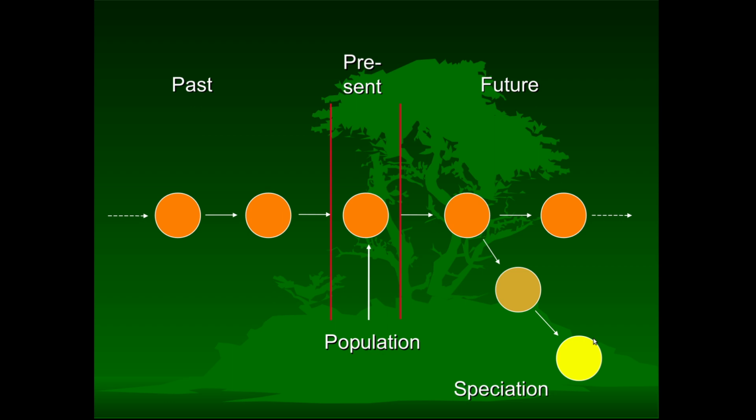In principle, the adaptive process that produces a new species, if it continues, eventually will produce a new genus also, and then a new family, then a new order, maybe a new phylum, if this process continues for long enough.